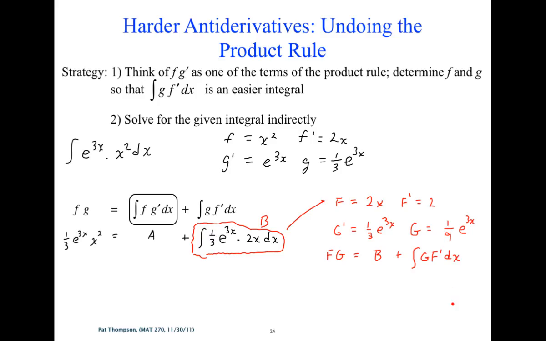So I'm just doing the technique again when I'm focusing on this red integral, which I'm calling B. Okay, so what is B? So capital F times G is 2x times 1/9 e to the 3x equals B plus integral of 1/9 e to the 3x times 2.